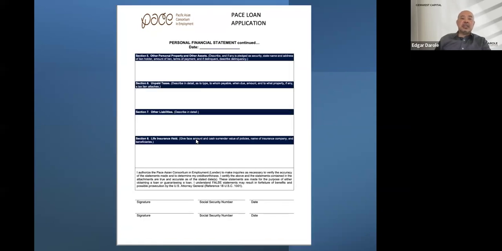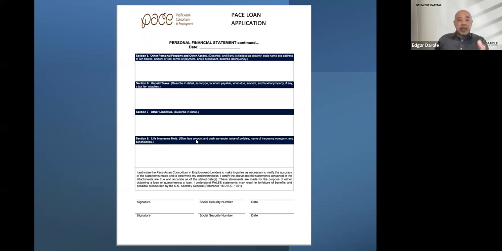Then the next section is just a description of what other personal property and other assets are. For instance, the one that we talked about earlier: if you own a car, what the value is. If you own some jewelry or some valuable artwork, then you can list it there. Unpaid taxes, just describe what it is. You don't have to explain.